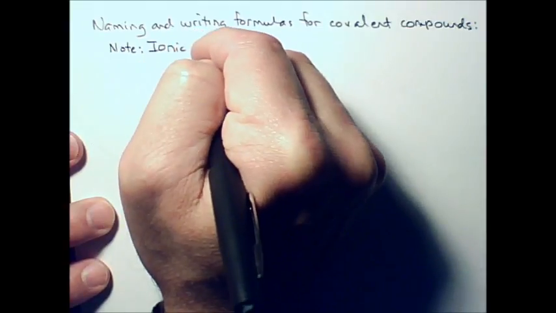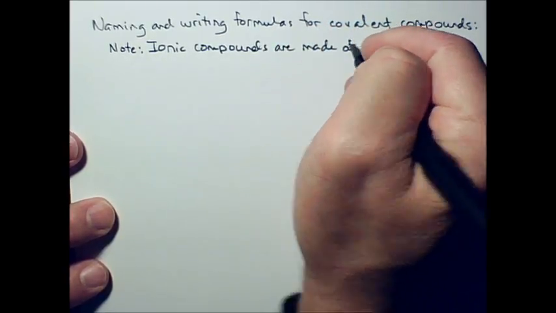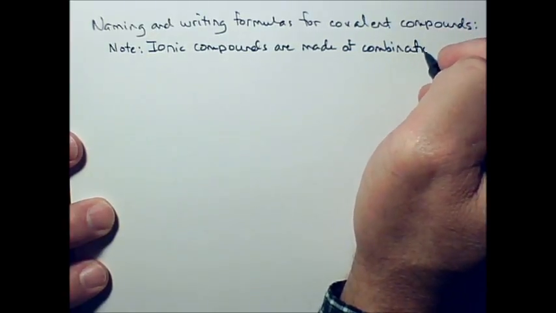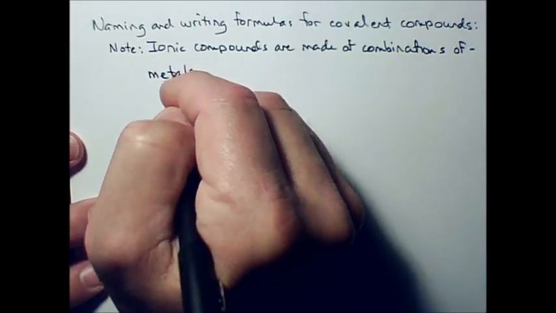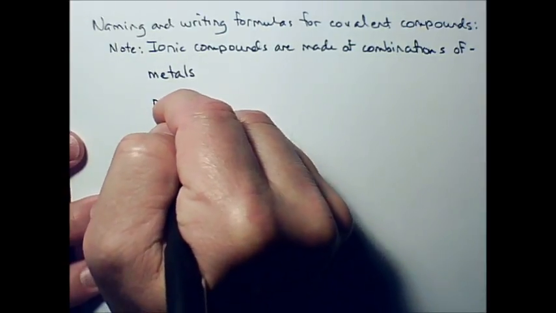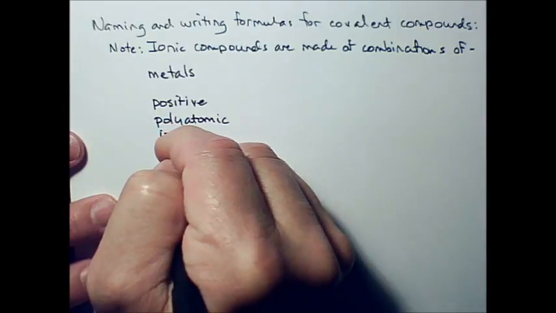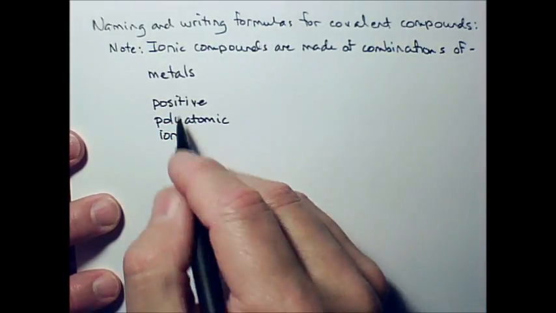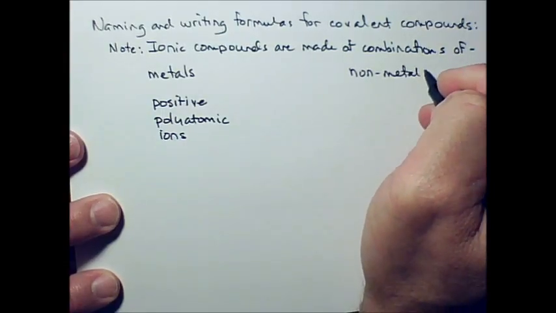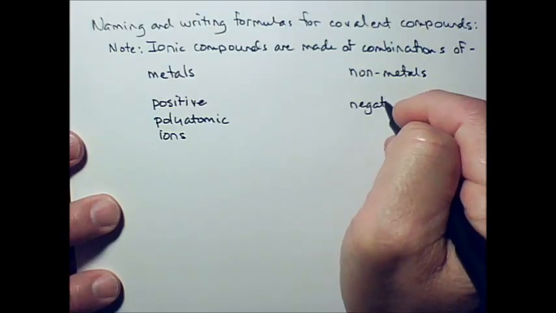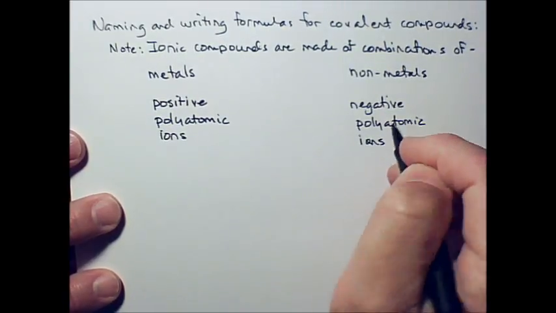Ionic compounds are made of combinations of metals or positive polyatomic ions, one or the other of these, bonded with one or the other of these nonmetals or negative polyatomic ions.